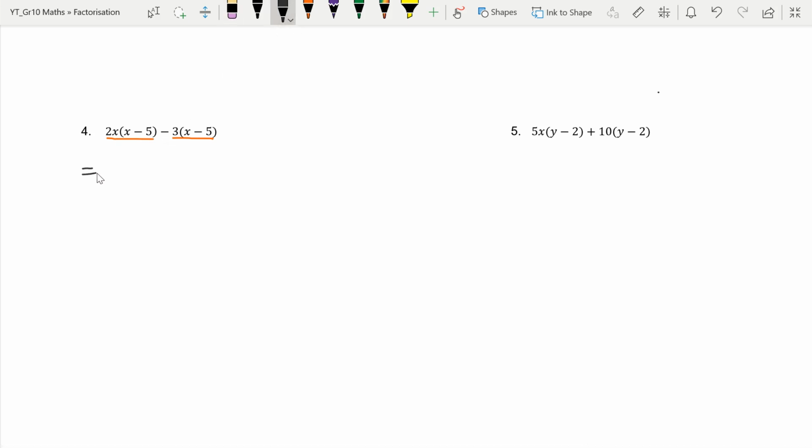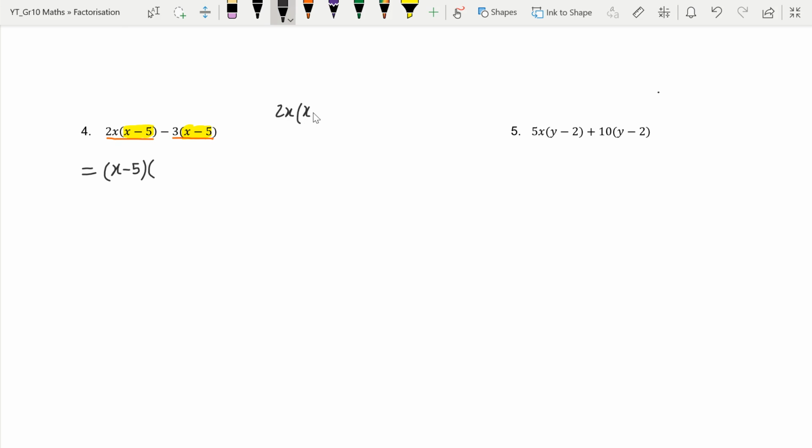And I'm sure you've already noticed, if we investigate and just see what's going on over there, we've got a bracket in both terms that is exactly the same. So in this case, our common factor is just a bracket. So then we take out that bracket as our common factor. Make sure that you keep it in its bracket because it is a common bracket. And then what will be left in the first term?